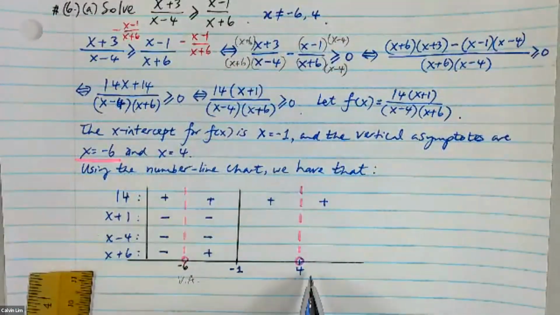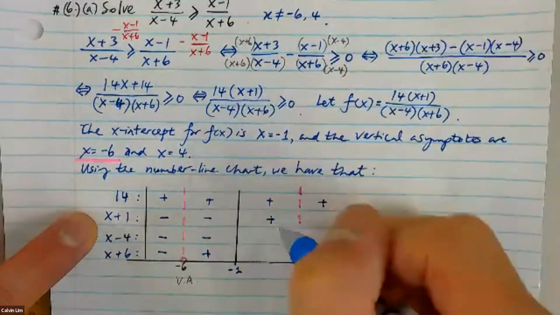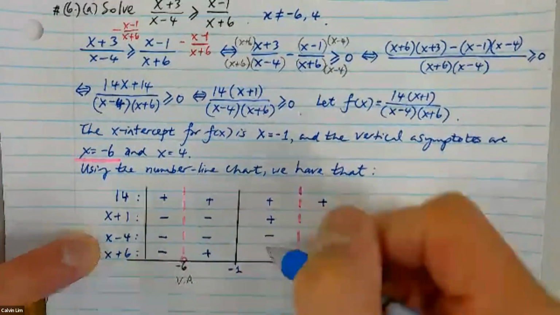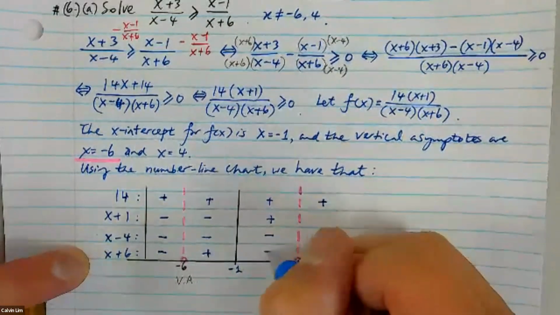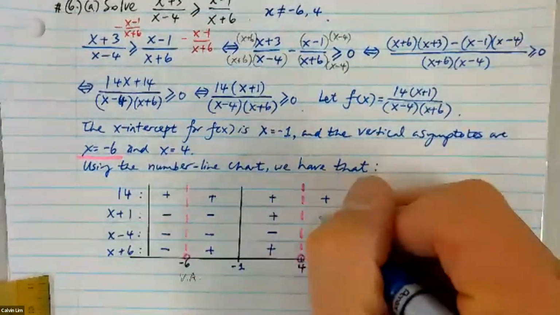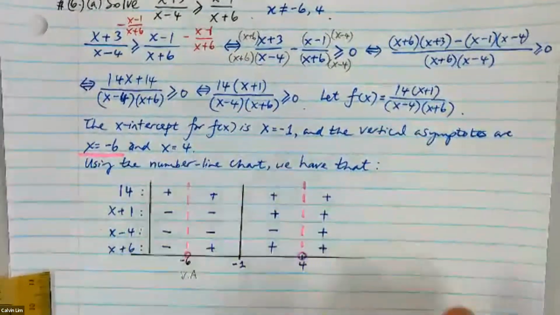Between -1 and 4, say 0, x plus 1 is positive, x minus 4 is negative, x plus 6 is positive. Greater than 4, it's positive, positive, and positive.